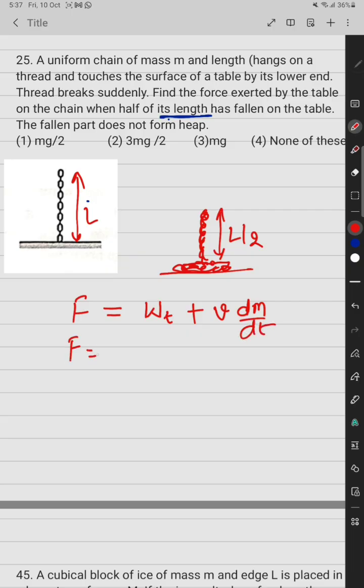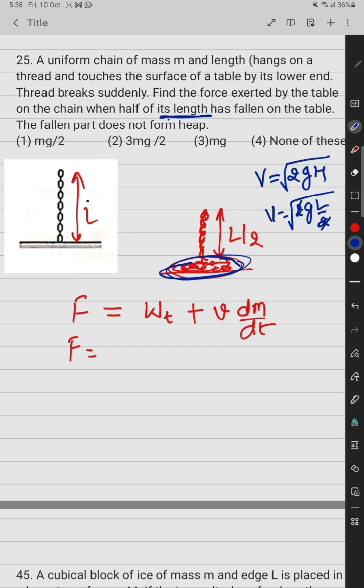The weight is only due to the chain which is already lying on the table at rest, and for the remaining chain of length L by 2 that has fallen, if we calculate the velocity, it is √(2gh), where h is L by 2, so the velocity is √(gL). Then the weight of this part is mg by 2 plus v dm by dt. If we introduce dl by dt, then this becomes the velocity.